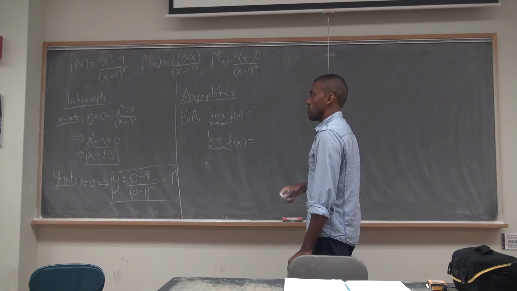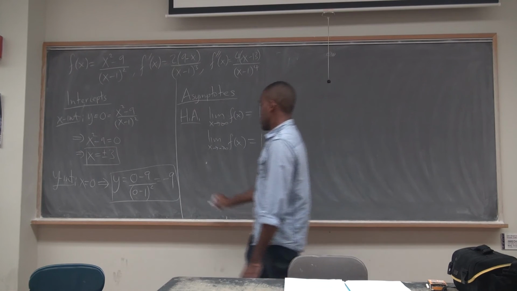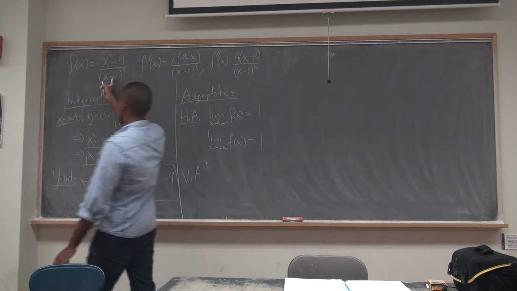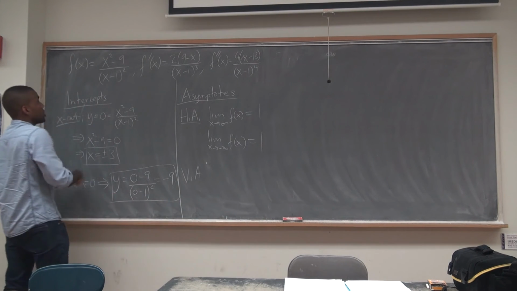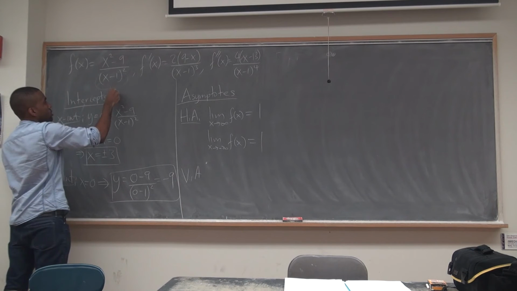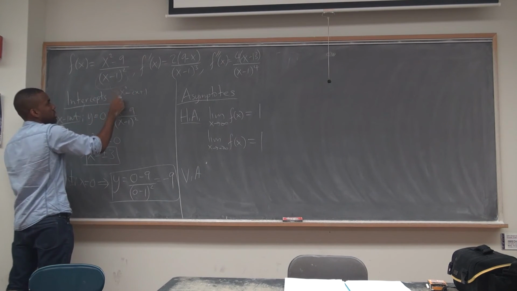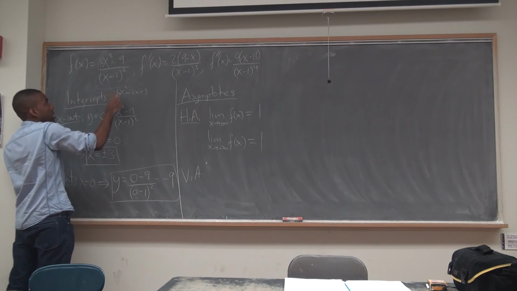No. 0. 1 and 1. Is it because of the ratio? Yes, the highest power on the top and bottom is x squared. They're the same. So if I were to multiply this out, it would be x squared minus 2x plus 1. This is the highest power, that's the highest power, so there's a 1 in front of this one, there's a 1 in front of that one, so it's just 1 over 1.